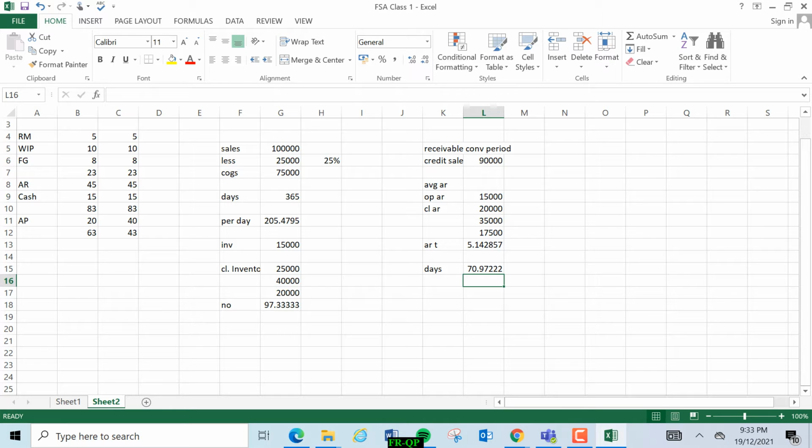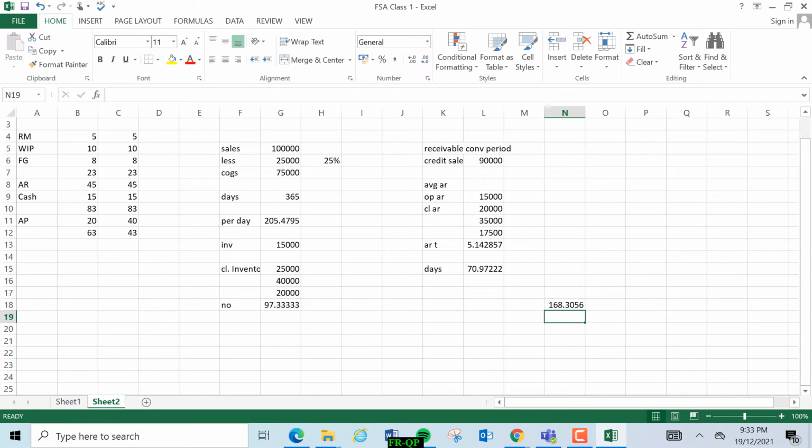So in that case, if you just want to know the cash cycle, the operating cycle, you can add these two numbers. It will give you the idea of what the operating cycle is. So your operating cycle in this given case is how much? 70 plus 97.